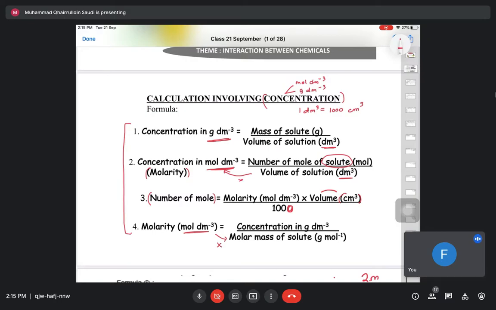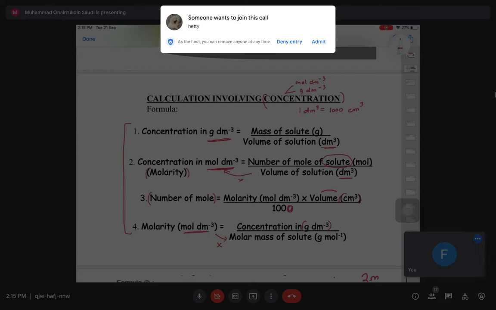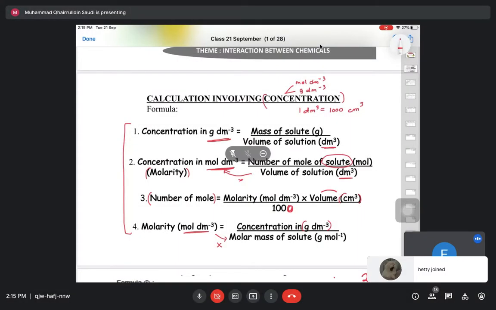That is a quick recap of all the formulas used in concentration problems.